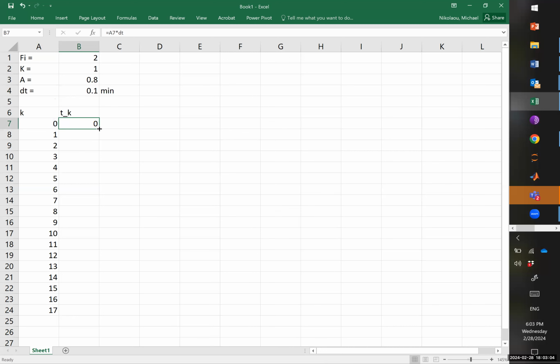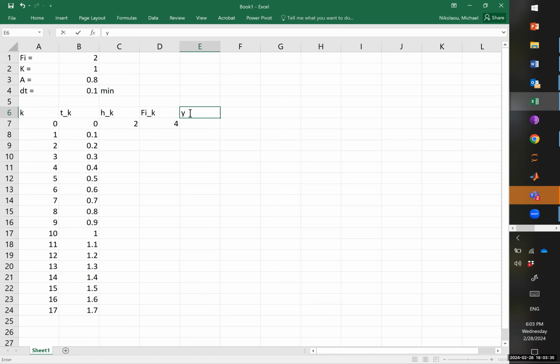So we can have these times. Our H sub K starts from, pick a value, 2 is fine. And we'll see what comes after that. Fi at K, we said, is going to be equal to 4, jumps from 2 to 4.